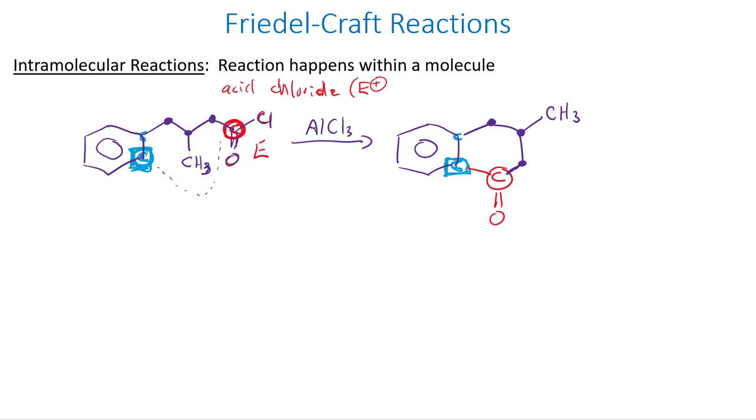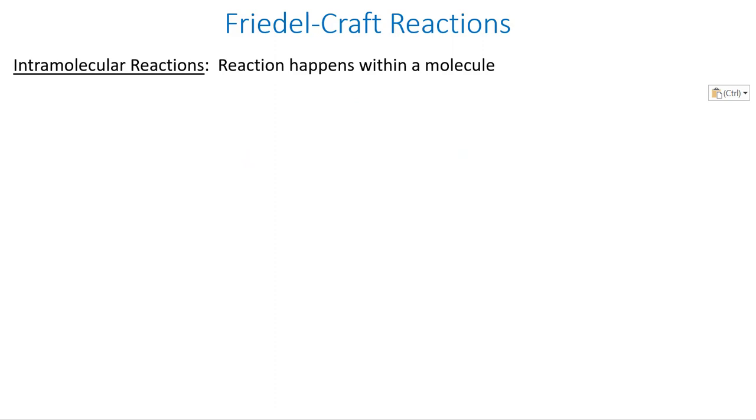Now, from a standpoint of also thinking about alternate reagents, let's imagine a system where we start simply with a benzene ring and we're reacting an anhydride, but not just any ordinary anhydride, but a cyclic anhydride.